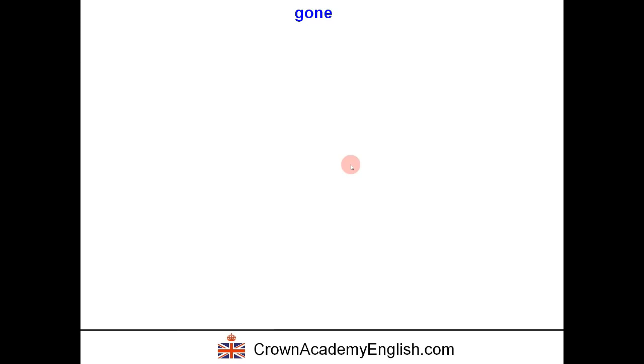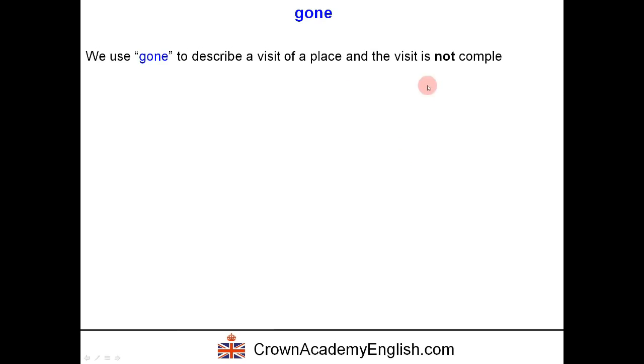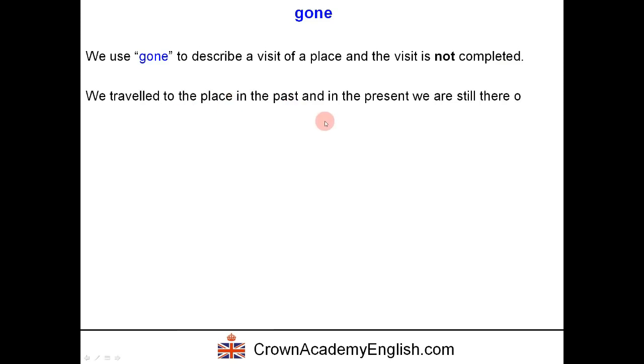So, when do we use gone? Well, we use gone to describe a visit of a place and the visit is not completed. So what does this mean? Well, it means we travelled to the place in the past and in the present we are still there.